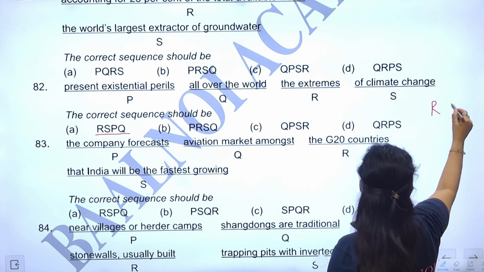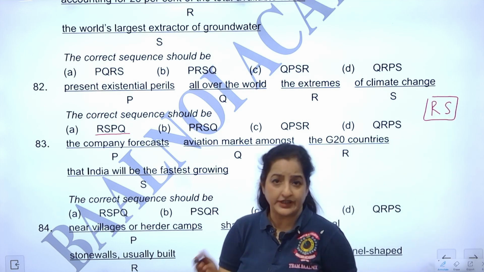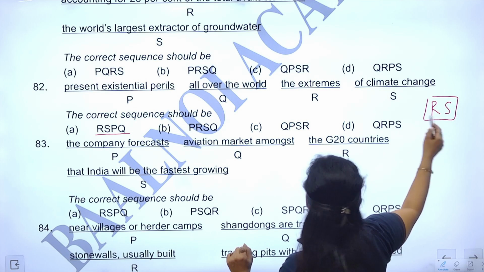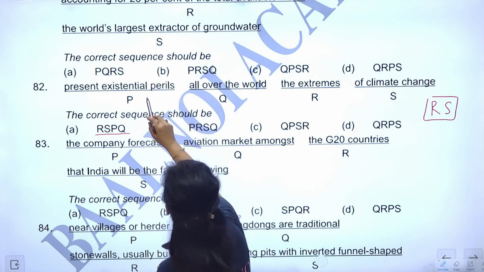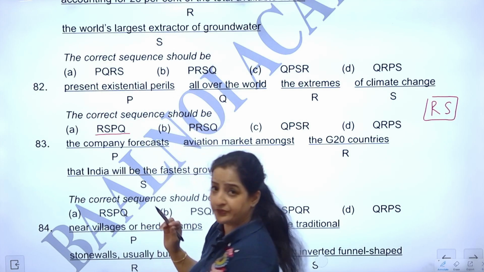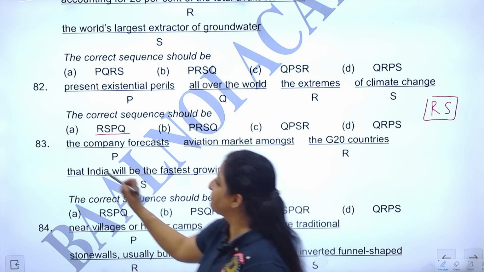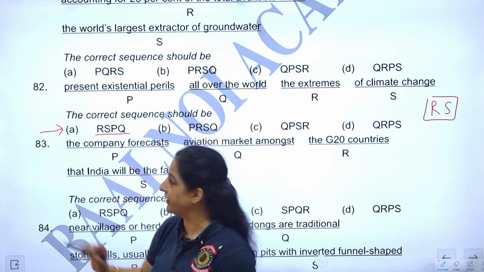This makes sense actually. Extremes of climate change present existential perils all over the world. To me, this is making absolute sense. So we're going to put it on standby. This makes absolute sense to us right now.